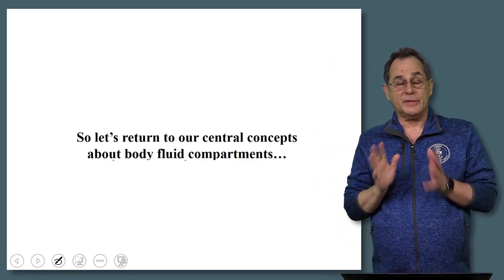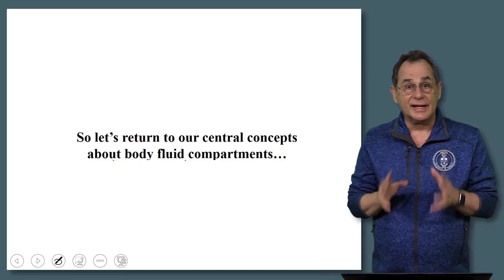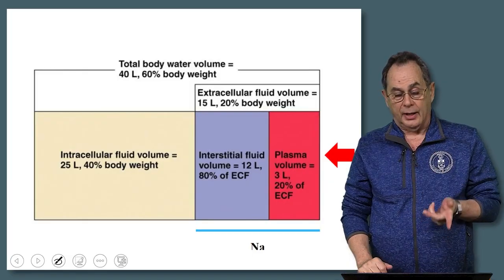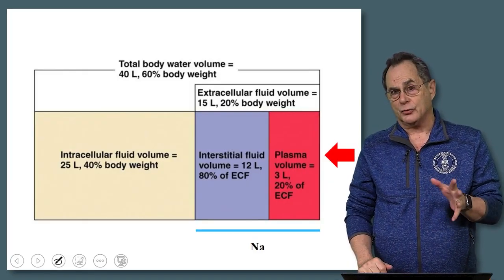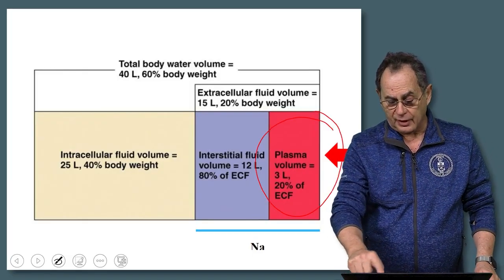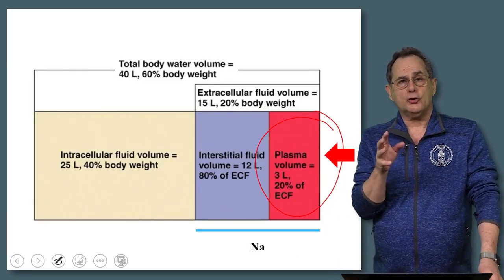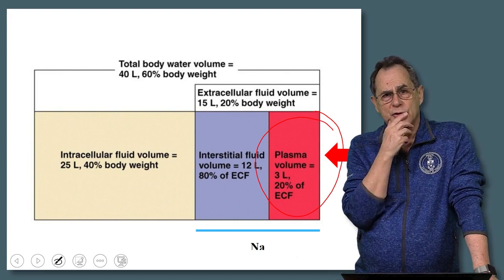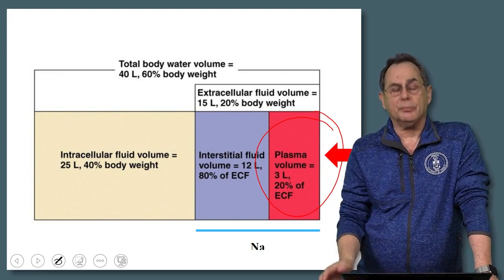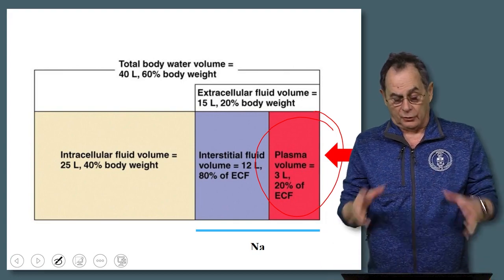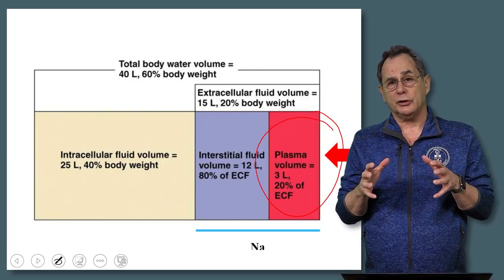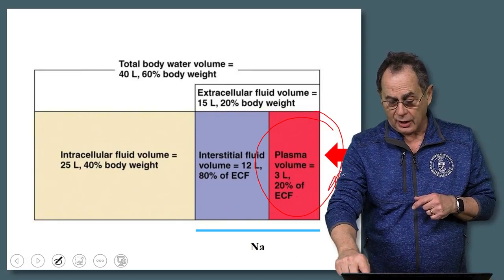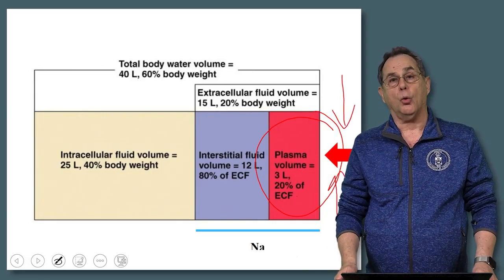So let's, at this point, return to our central concepts about body fluid compartments. In this particular diagram, which I've shown you several times, we're going to look at the plasma volume. It turns out that the way in which you and I monitor our sodium balance is by gauging the plasma volume. We have a particular physiology in place that allows us to determine whether that volume is high or whether that volume is low.